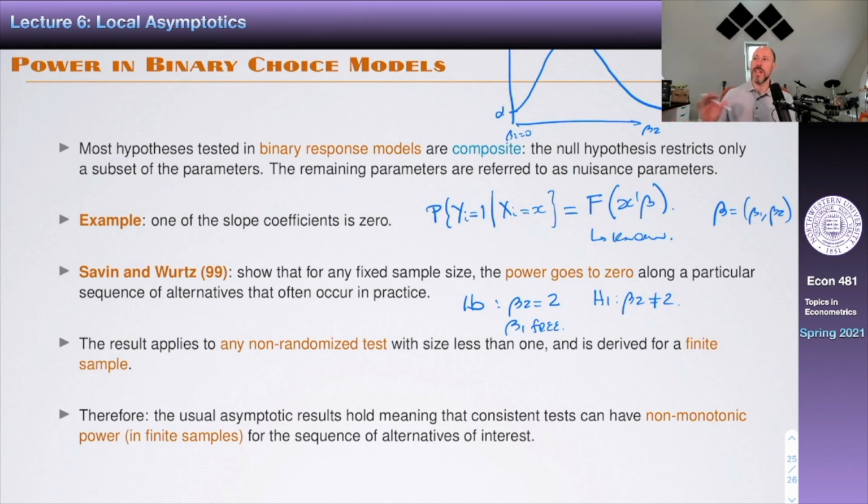Okay, it's as if it is convenient for you to let things move with n, and that shouldn't be the concern. The concern is whether whatever things are moving with n, what are they trying to capture? And in our context, it was this idea that thetas that are close to the null tend to be harder to detect in finite samples because we look at the finite sample power curves. And so that's why we consider alternatives that were local to the null.